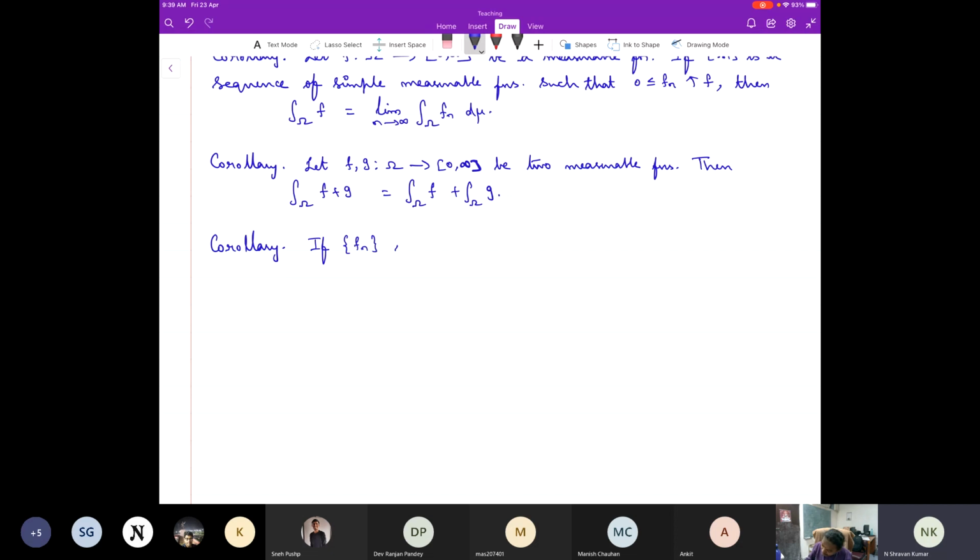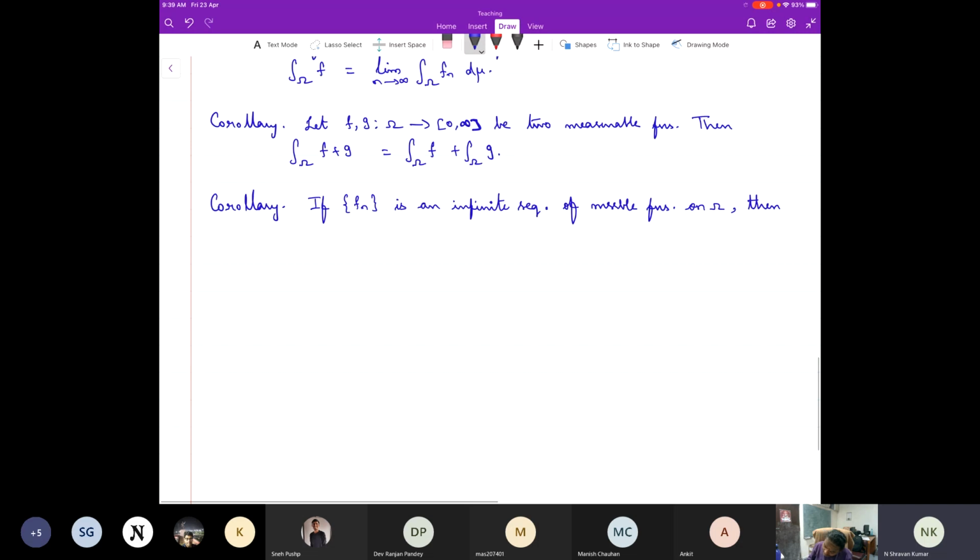If fn is an infinite sequence of measurable functions defined on omega, then the integral over omega of the summation of fn is the same as the summation of the integral over omega.